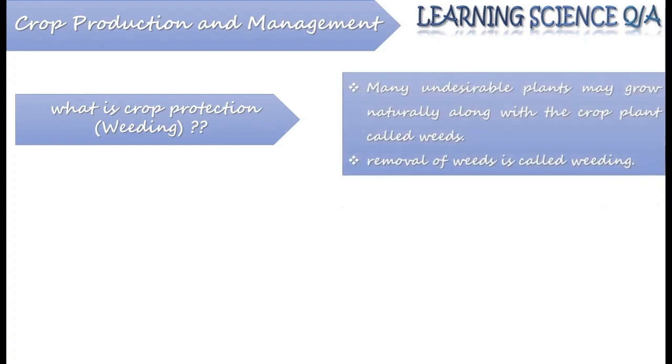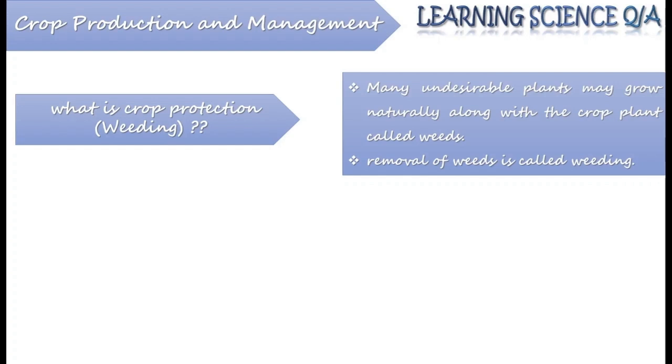Students, the time when our crop is standing in the field, it's almost ready to take the harvest. It's almost ready to take the grain out of it. At that time, many undesirable agents can attack our crop plant. One of them is weeds.